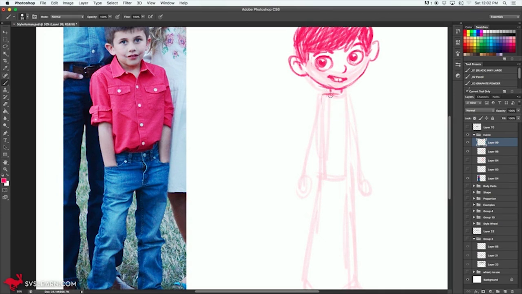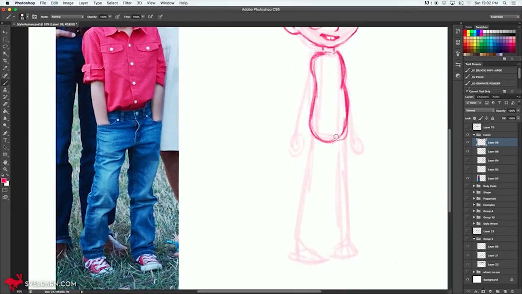I'm taking that sort of squarish and I'm softening it a little bit. And just adding a little bit of figurative dimension to the limbs.